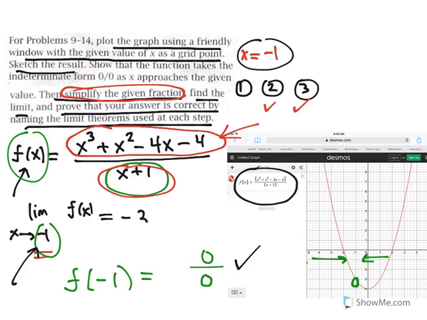So the answer we're expecting is -3. When we use the limit theorems, that would be proving that the limit is -3, because the limit theorems are ultimately derived from the epsilon delta definition of limit, so you can be confident that the limit is in fact whatever you find it to be, which will be -3 for this problem.